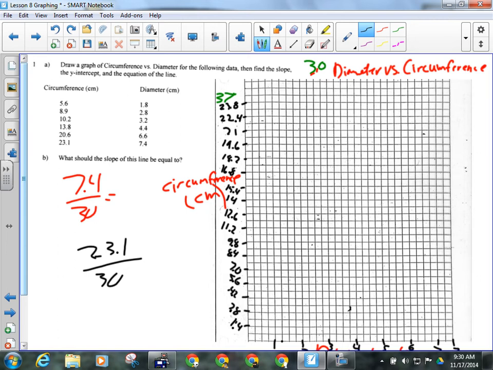Okay, I'll stop there because I only needed to fit 23.1 on.